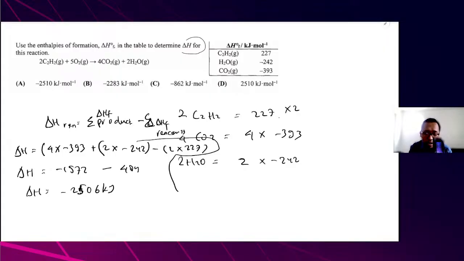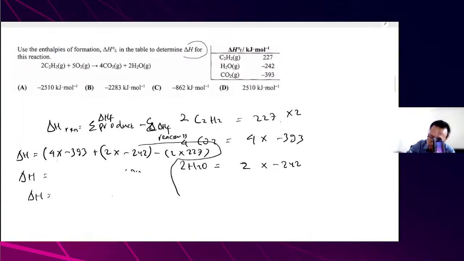Oh no, wait, I did something wrong. 4 times 393, oops, sorry, minus 1572 minus 484, minus again 2 times 227.